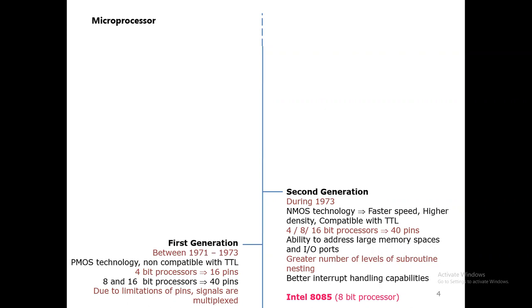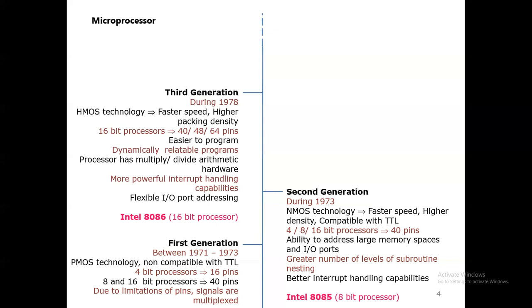Because it has the ability to address a large memory space and I/O ports. It also has a greater number of levels of subroutine nesting, and interrupt handling capability. The second generation was the Intel 8085, an 8-bit processor with 40 pins.